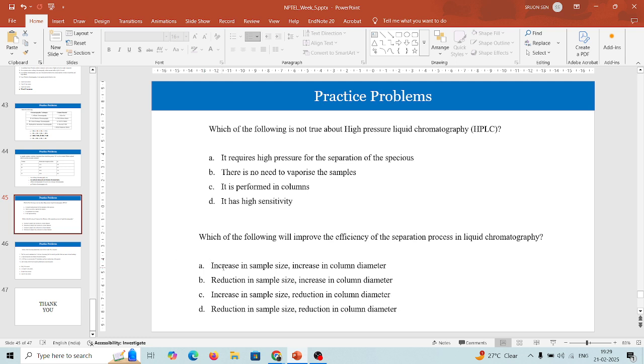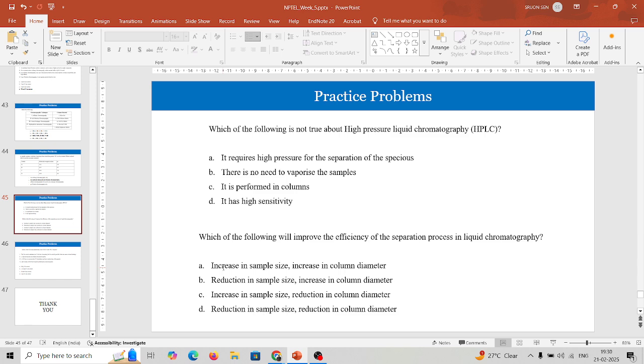The next one, which of the following is not true about high pressure liquid chromatography, HPLC? It requires high pressure for the separation of the samples of the species. There is no need to vaporize the samples. It is performed in columns.